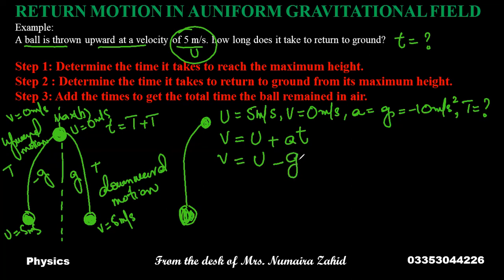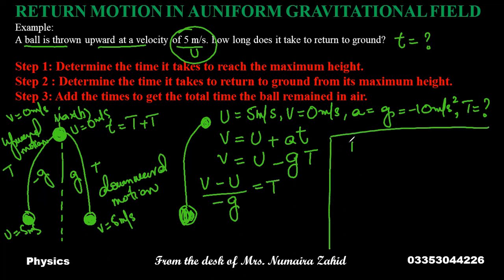So a will be replaced with negative g, and t will be replaced with capital T. Now, as we need to find the time required to reach its maximum height, we make T the subject. We have to rearrange the equation. u will be subtracted and it will be divided by minus g.